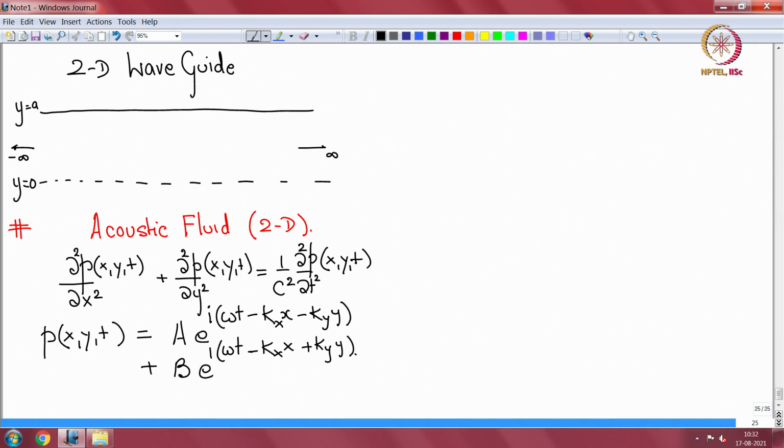Okay. So I am looking at waves that are propagating back and forth, up and down, and propagating in one direction. Okay, that's adequate. So this is not the most general in that sense, but that is adequate.